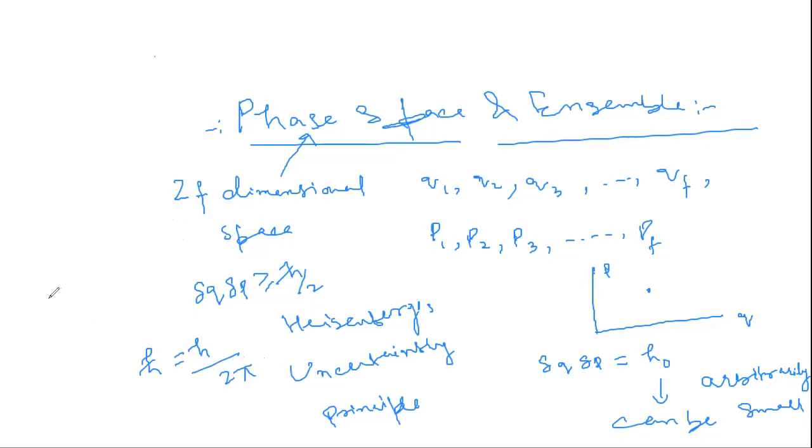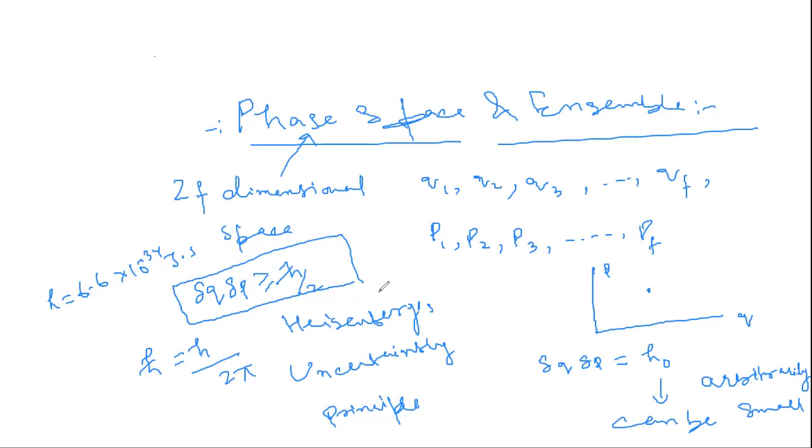H is 6.6 times 10 raised to power minus 34 joule second. So this places the restriction on the simultaneous specification of the position and momentum of a particle.